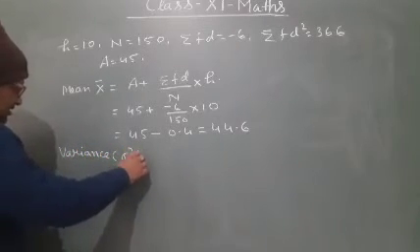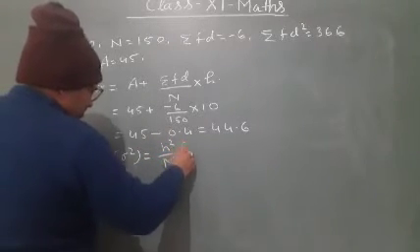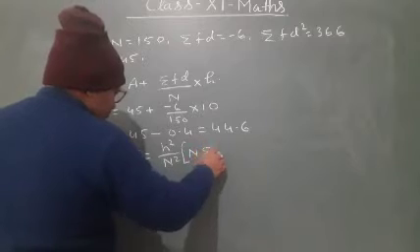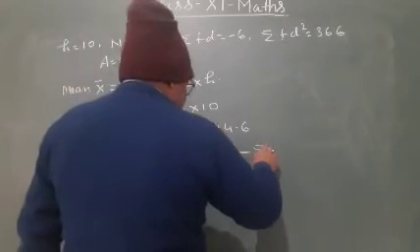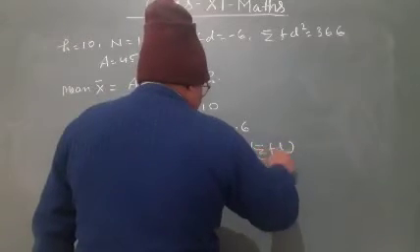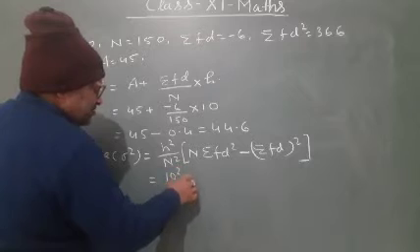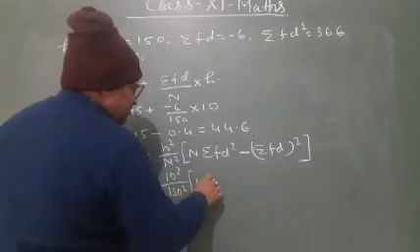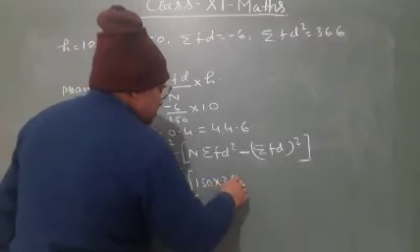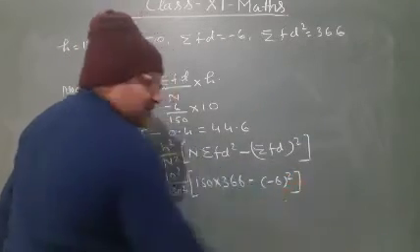And the variance: sigma square equal to h square upon N square, N into sigma f d square minus sigma f d whole square. 10 square upon 150 square, 150 into 366 minus 6 square.